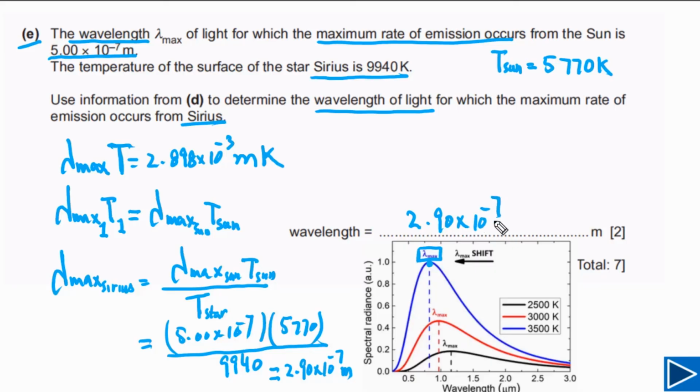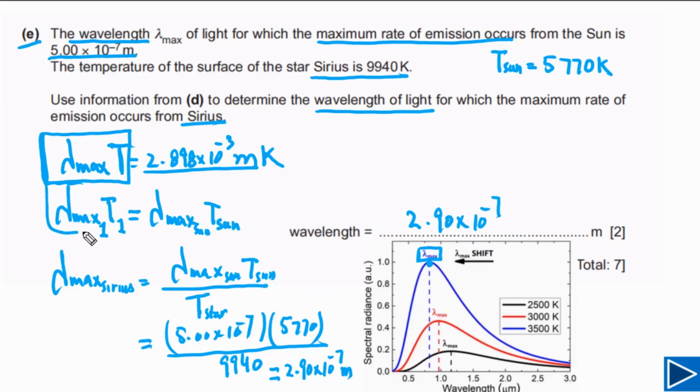This is the final answer. Simply you need to understand how to use Wien's displacement law. The product of lambda max and temperature, not times, and temperature is always equal to this constant. That's the reason we have said lambda max times temperature for the star is equal to lambda max times the surface temperature of the sun.